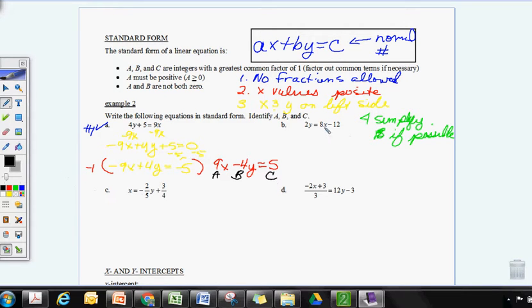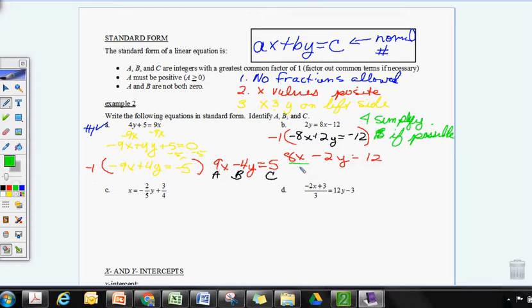Let's take a look at this next one. The 8 has got to move over, so I'm going to subtract 8x from each side, and I get negative 8x plus 2y equals negative 12. Negative can't be at the front, so multiply that by negative 1, and I end up with 8x minus 2y equals 12. I would love to say I'm done, but remember that reduce?